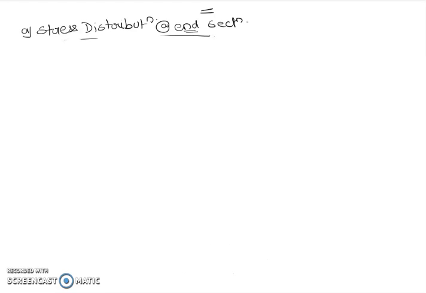Okay. So stress distribution at end section. Again, bending moment at the ends is equal to 0. And F, that is the final stress, I will write in terms of F dash and FB. Final stress will be equal to F dash plus FB, where F dash is nothing but F1 minus or plus F2.